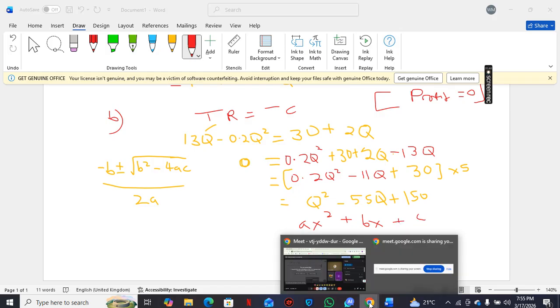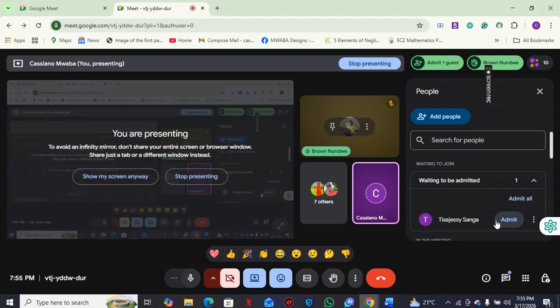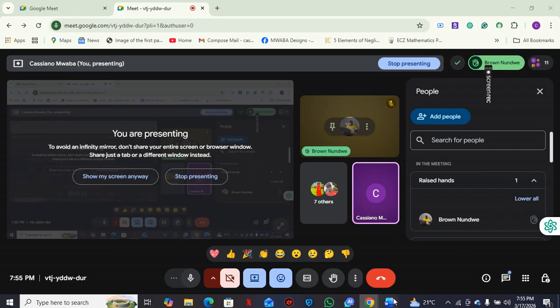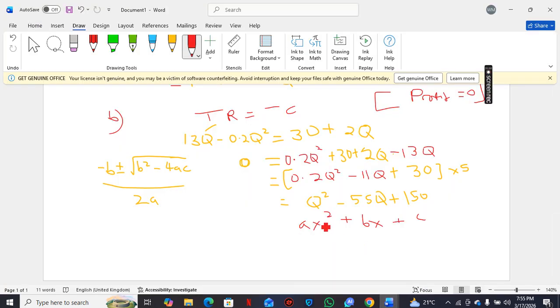So a is the coefficient of q squared or x squared, the number in front of the letter, basically. So with this quadratic equation, our a is 1. Okay, 1q squared. If we left our equation like this one here, it would have been 0.2.